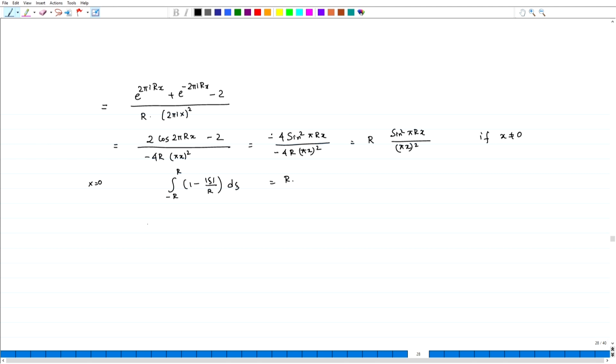So, now what you have got is the integral from minus r to r of (1 minus |xi|/r) f hat of xi e to the power 2 pi i xi x d xi. This is nothing but, so we have a concrete analogy with the Fourier series.